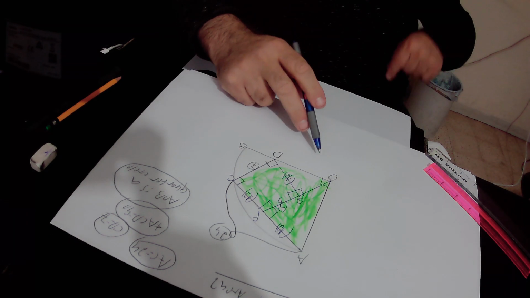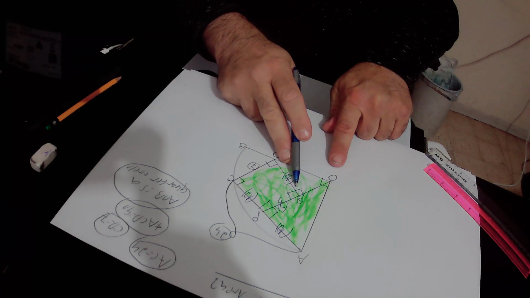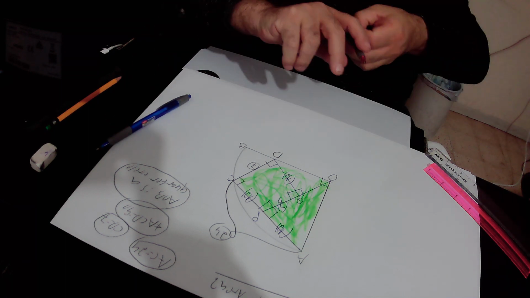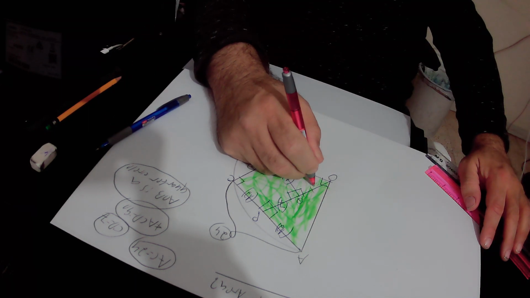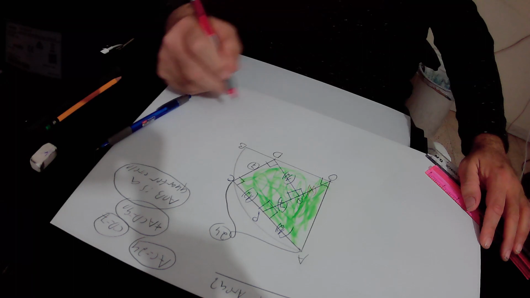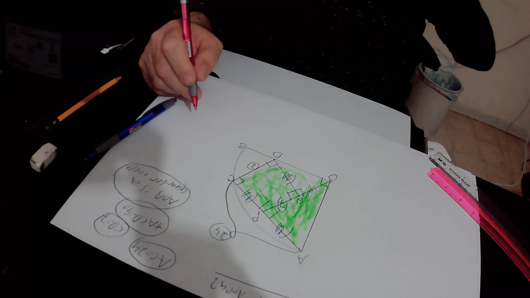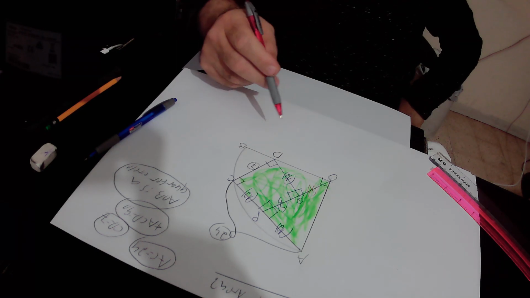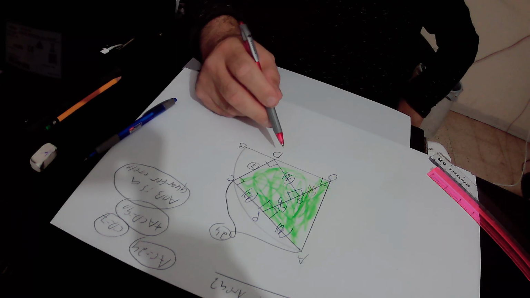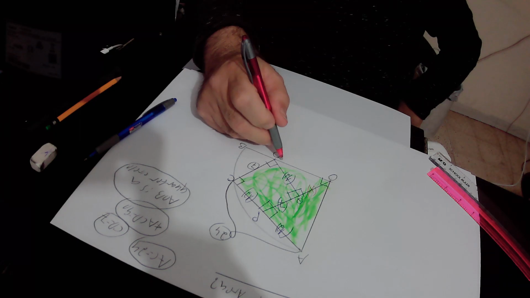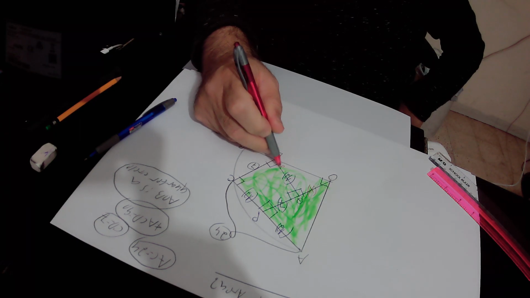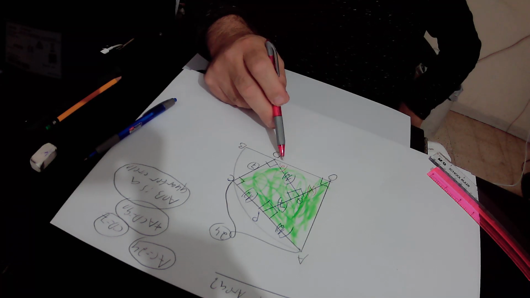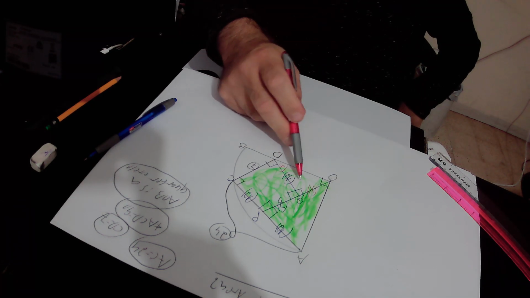We define the length of line segment QO as X. We focus on the right triangle OQD. We define angle QOD as alpha. So in this right triangle OQD, this angle equals alpha, and this angle equals 90 degrees.